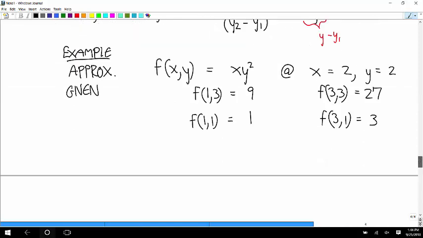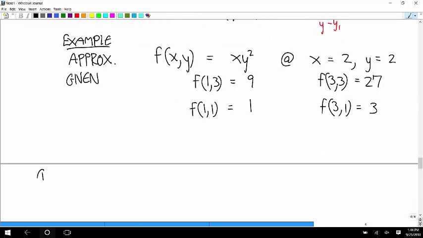And the first step is we're going to approximate f at 2, 1 as f of 1, 1 plus f of 3, 1 minus f of 1, 1, divided by 3 minus 1, times the delta x of 1.